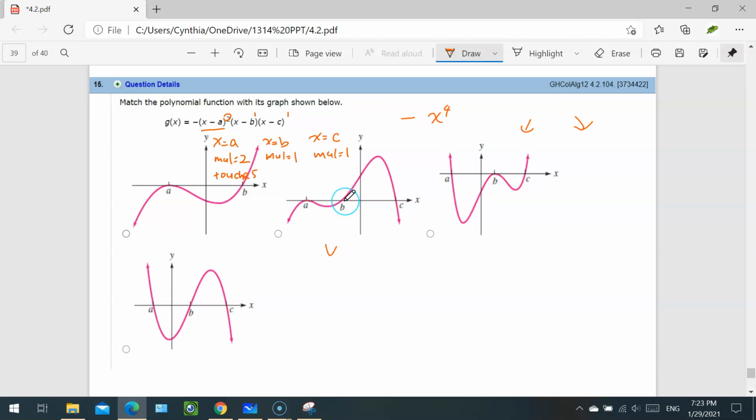When the curve comes to b, it crosses b, it cuts through b. When the curve comes to c, it cuts through c. And when it comes to a, it touches below at x equal a. So this will be the correct graph you have to select.